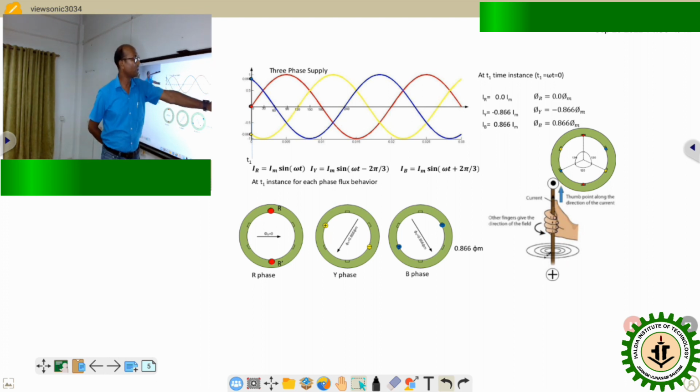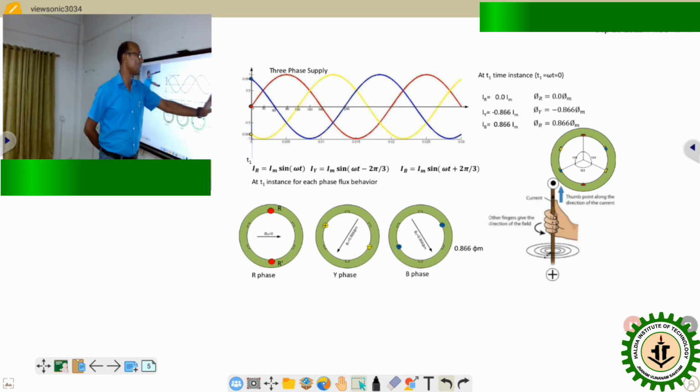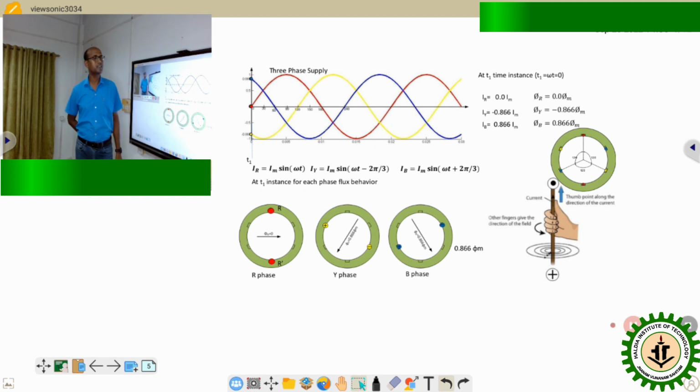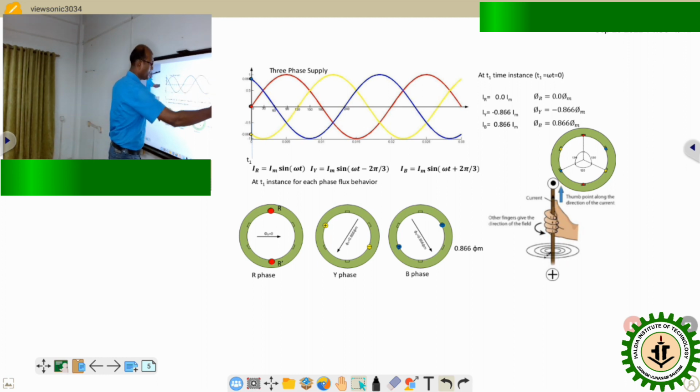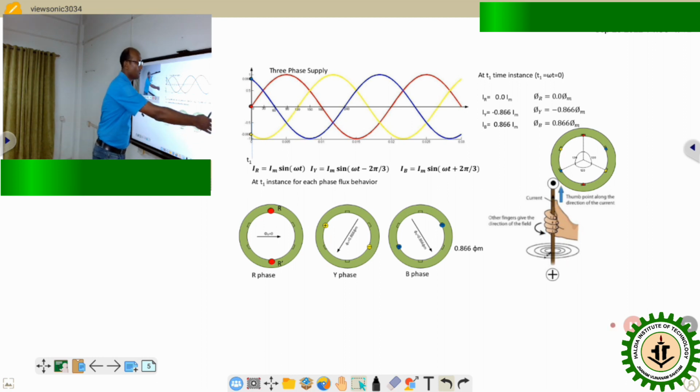Their magnitudes are phi R equals 0, phi Y equals minus 0.866 phi M, and phi B equals plus 0.866 phi M. Now, to understand how these fluxes at that particular instant react and create the resultant flux, we can use Fleming's thumb rule.